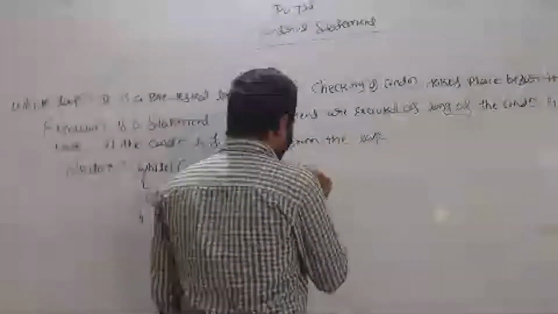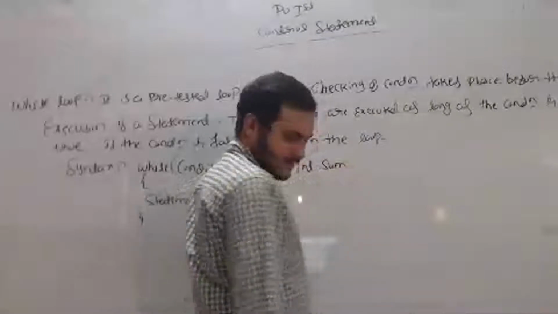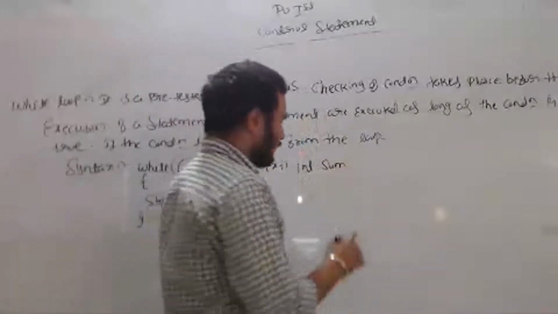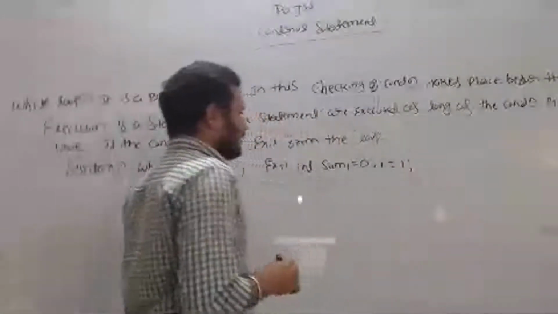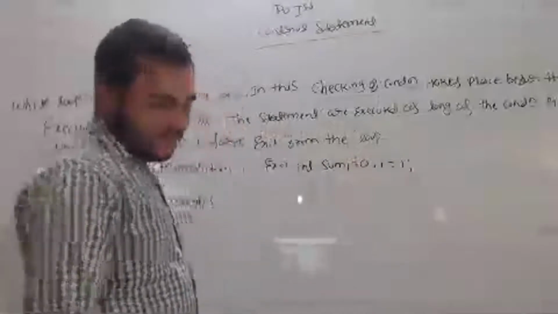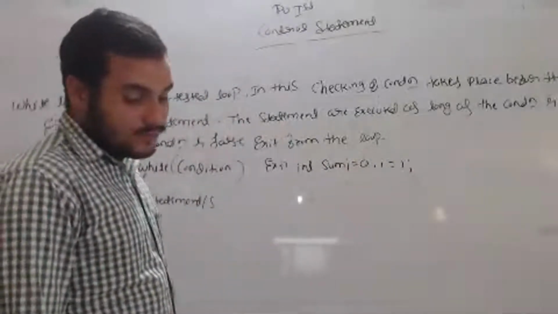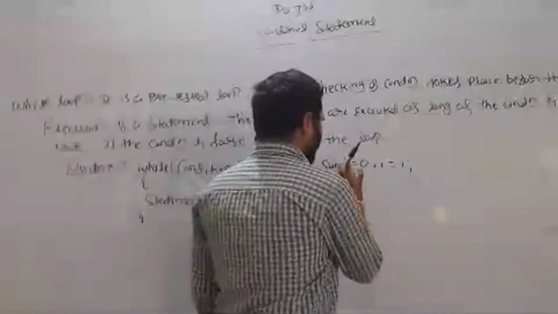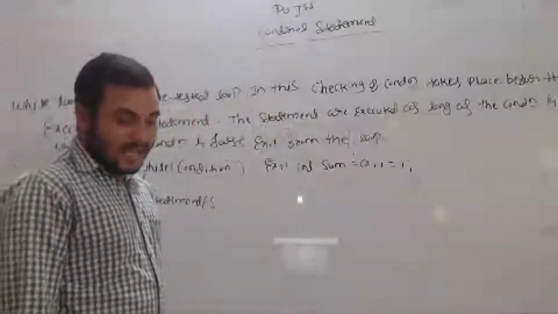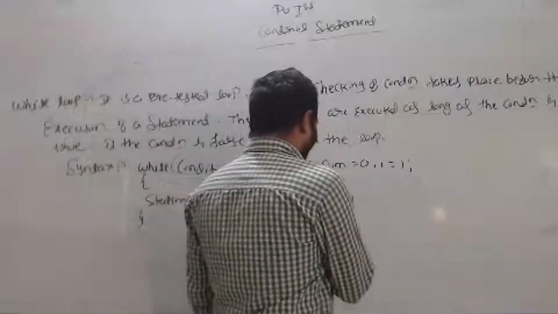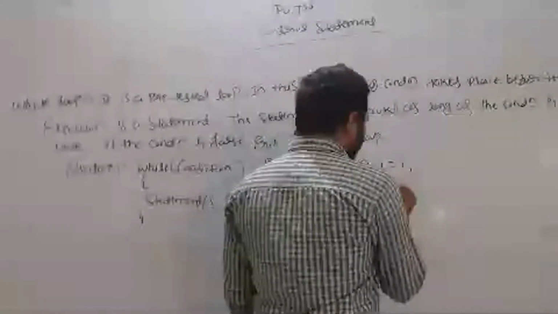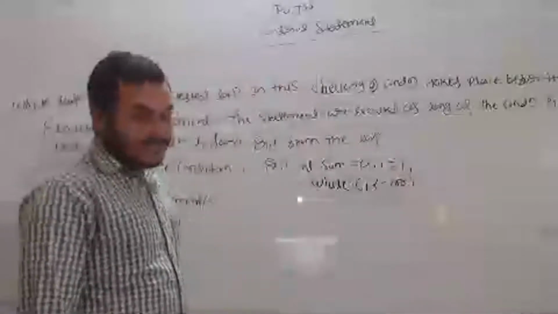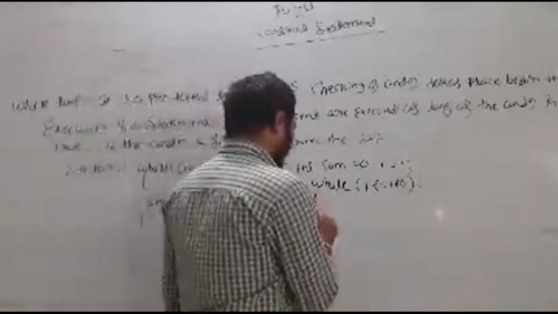int sum is equals to 0, I is equals to 1. While I less than or equals to 100, open brace.